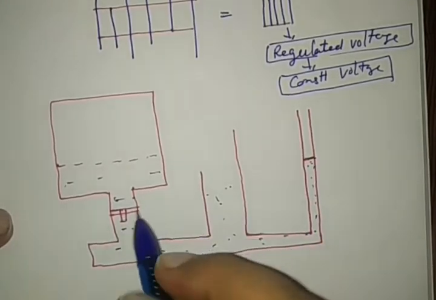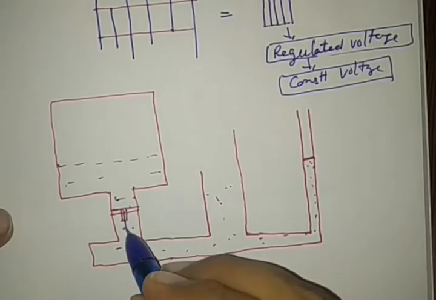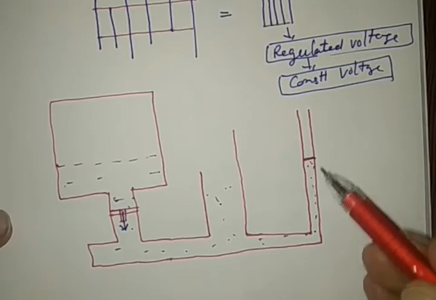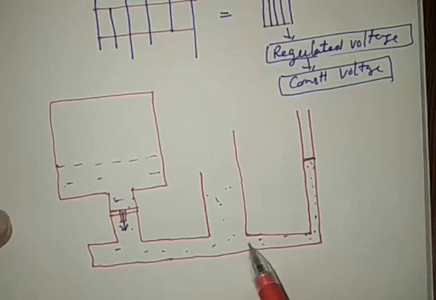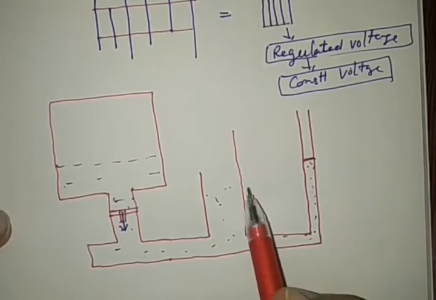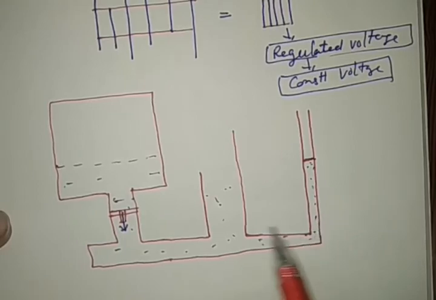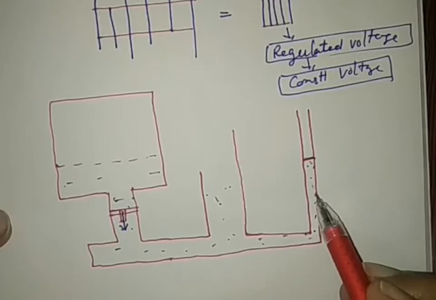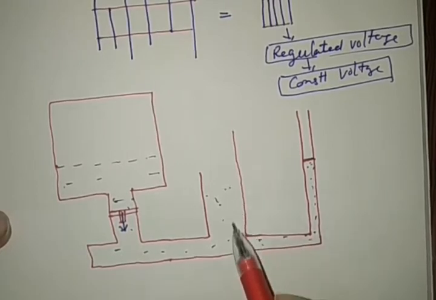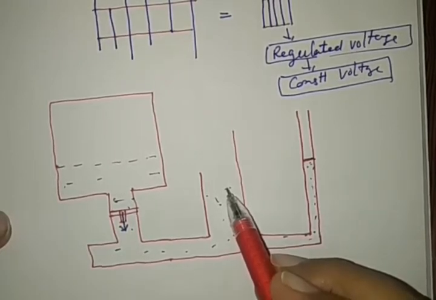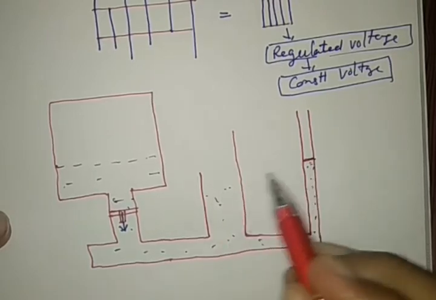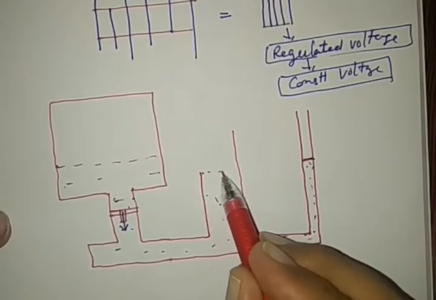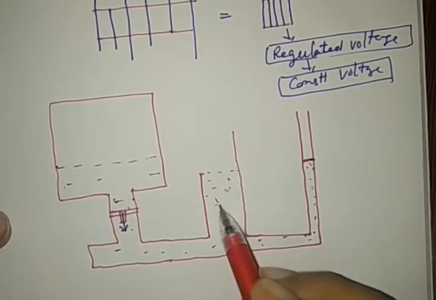The fluid is continuously entering this way. It is confined in this area. If fluid is at a level up to here, then the level of fluid will be here only. When the level increases gradually, the level of fluid also reaches here.